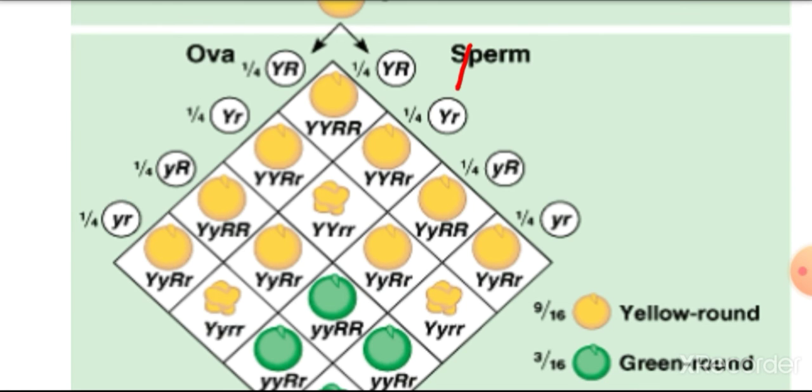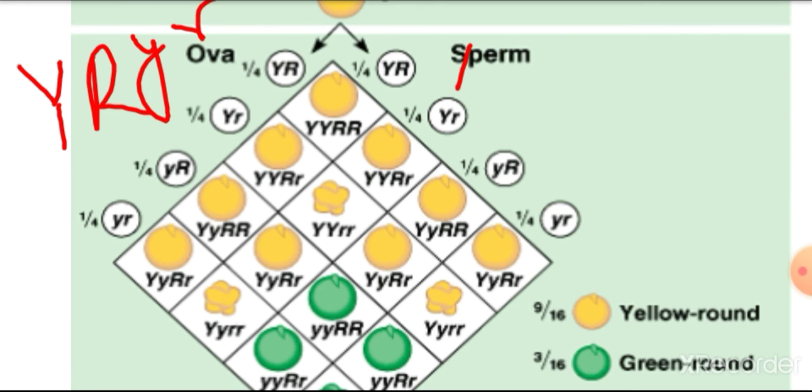You can see that the segregated capital Y, capital R, small y, small r all segregated differently when selfing occurred in the F1 generation: capital Y capital R, capital Y small r, small y capital R, and small y small r.